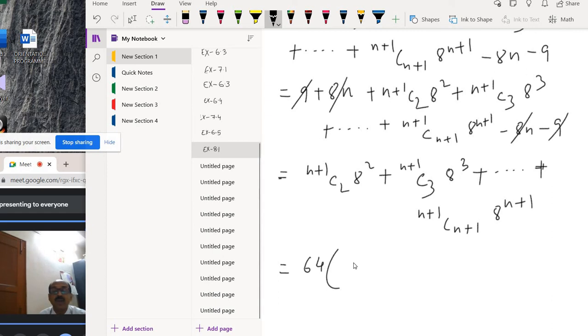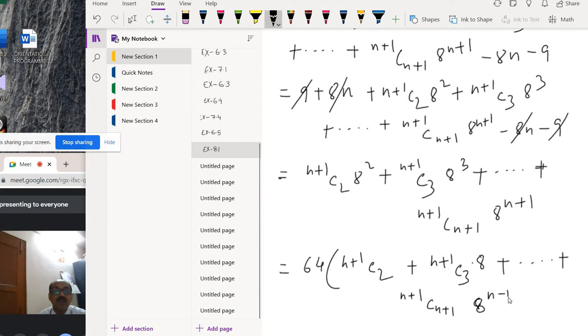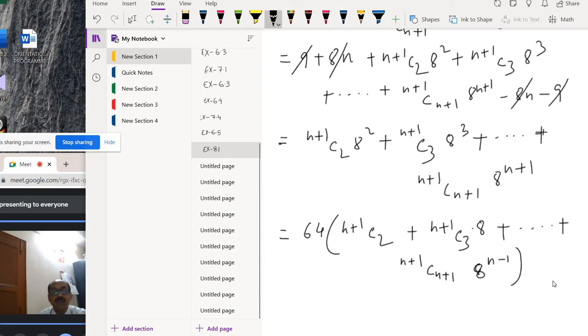So n plus 1 C2 plus n plus 1 C3 into 8, plus ... last term n plus 1 C n plus 1 into 8 to the power n plus 1 minus 2, so it is 8 to the power n minus 1. So 64 into this.